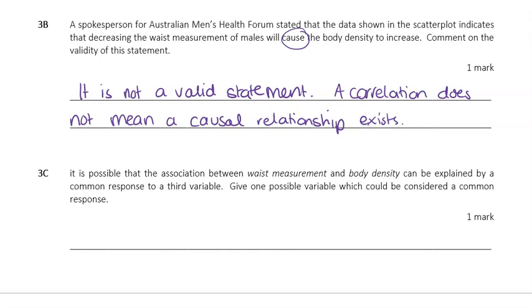There's many different possible common response third variables there. So as long as you're picking one that you feel can have a link to both waist measurement and body density and show that sort of common response outcome, you will be able to successfully get the mark here.